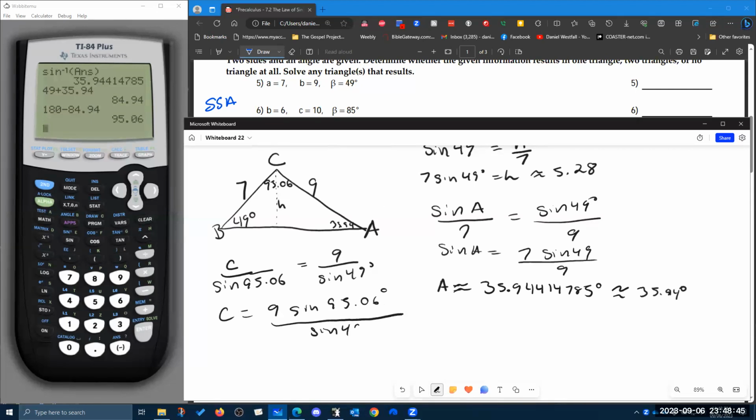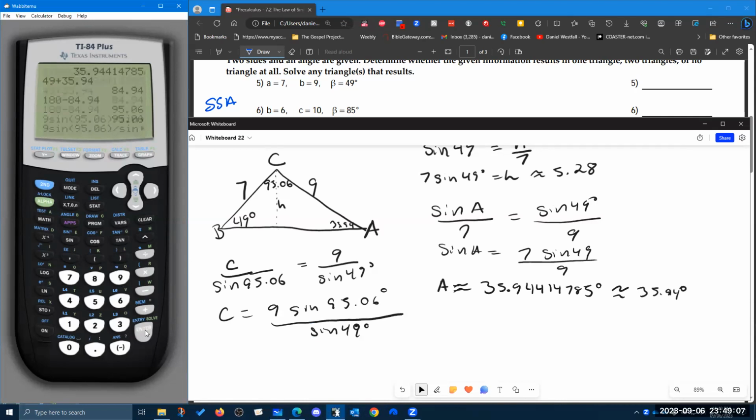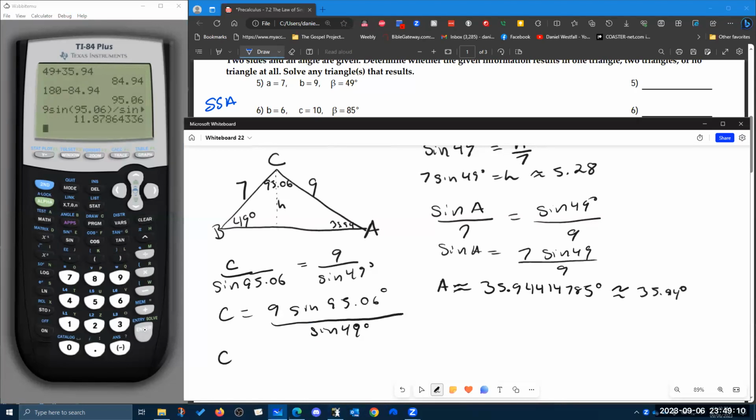So 9 sine of 95.06 divided by sine of 49 degrees says that side c is about 11.88.